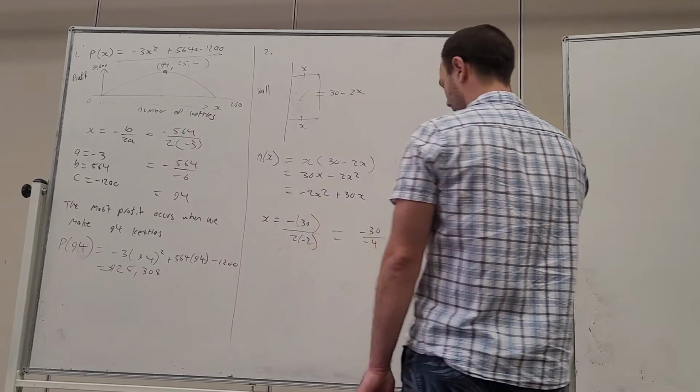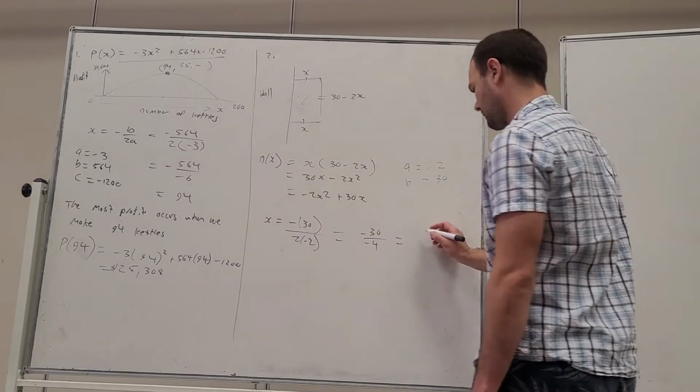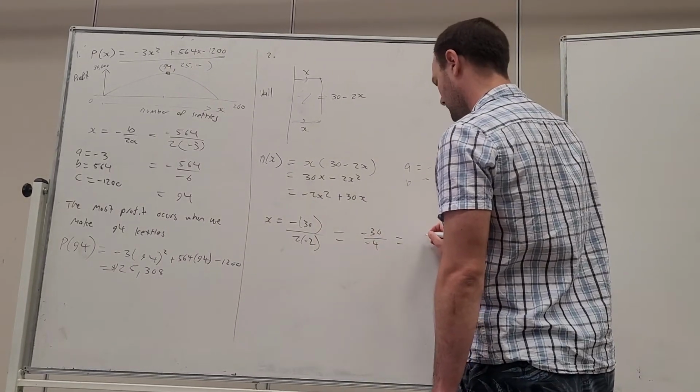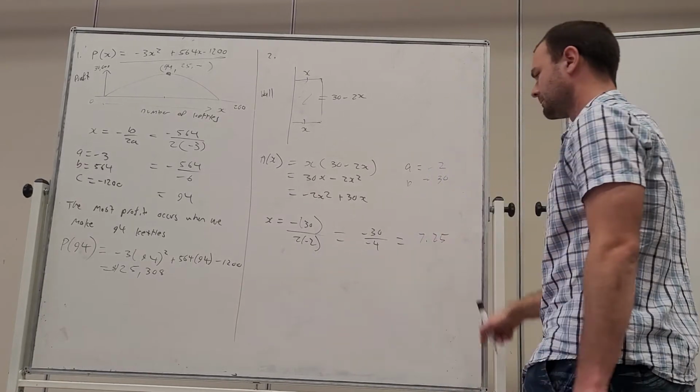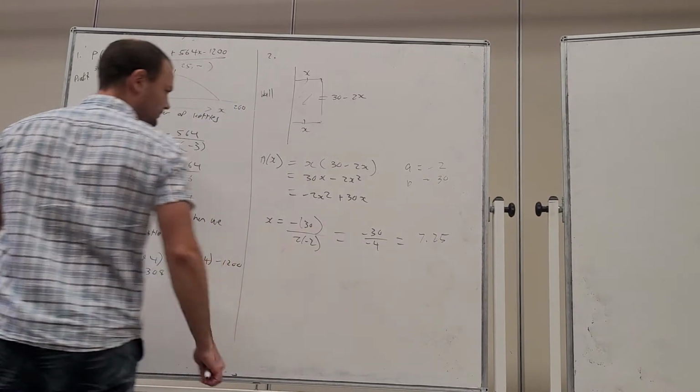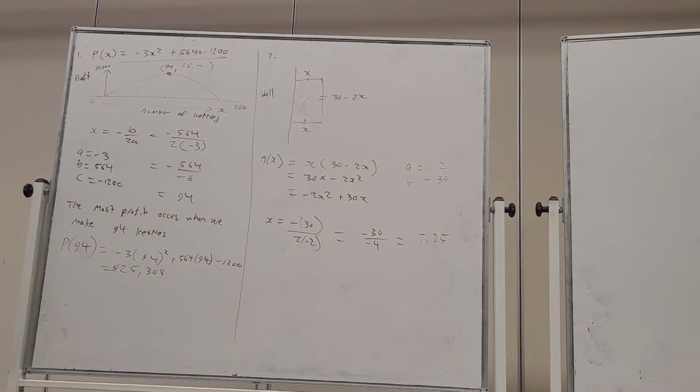What are we going to have? 7.5. Okay, so the optimal solution occurs when x is 7.5. All right, that's the optimal solution.